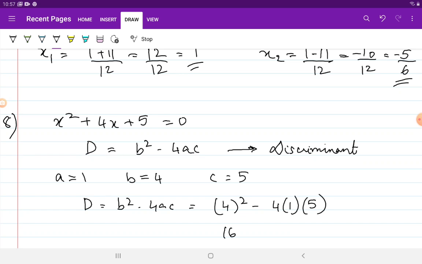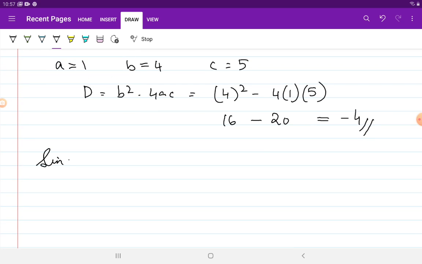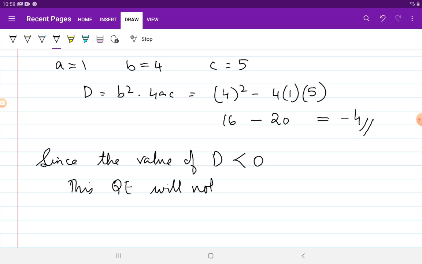So 4 square is 16, and this is minus 20, which means minus 4. So you can conclude, since the value of the discriminant is negative, this quadratic equation will not have any real roots.